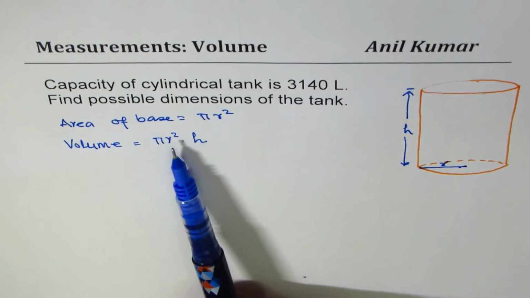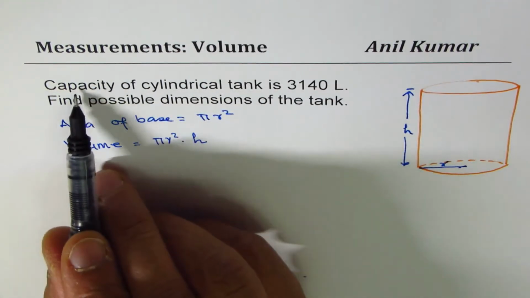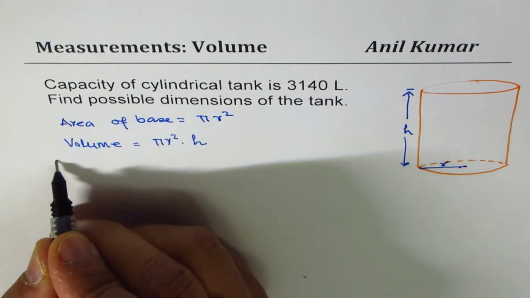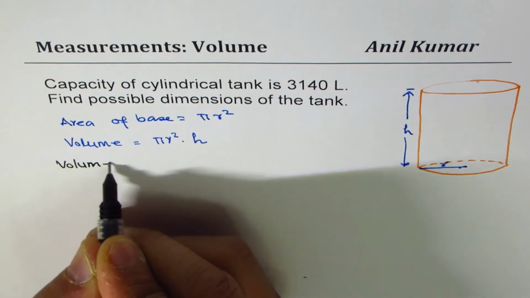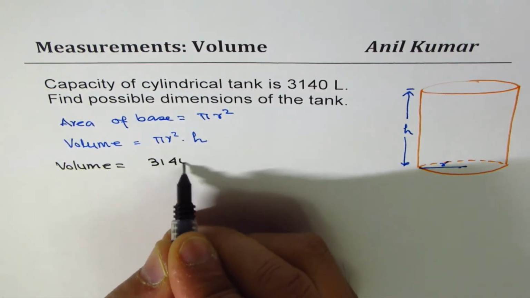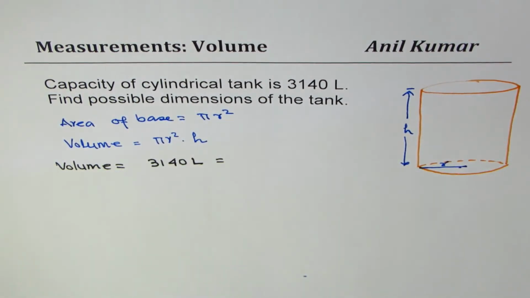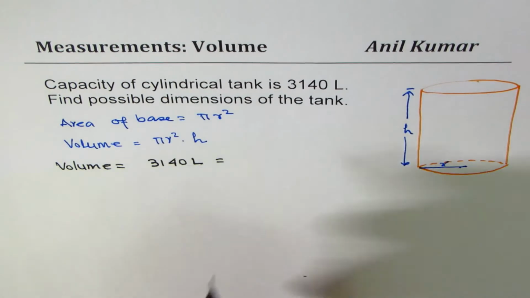So there are two dimensions which are related, radius and height. What are we given? We are given capacity. Capacity is volume, right? So we are given volume as equal to 3140 liters. Now we could write this in centimeter cube by multiplying by 1000.